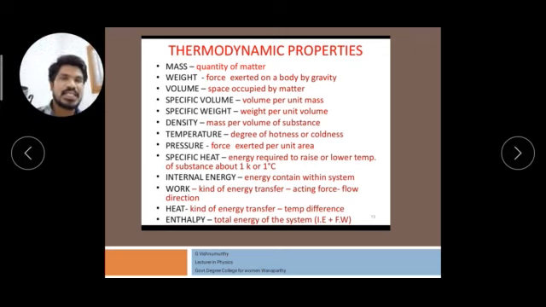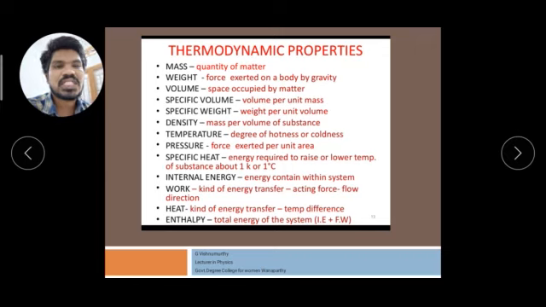The specific heat is taken in two conditions. When the pressure is constant, the specific heat is denoted by Cp. When the volume is constant, it is denoted by Cv. Internal energy is the energy contained within a system or body. Work is a kind of energy transfer by the action of force, W equals F into S, the multiplication of force with displacement. Heat is a kind of energy transfer due to a temperature difference.